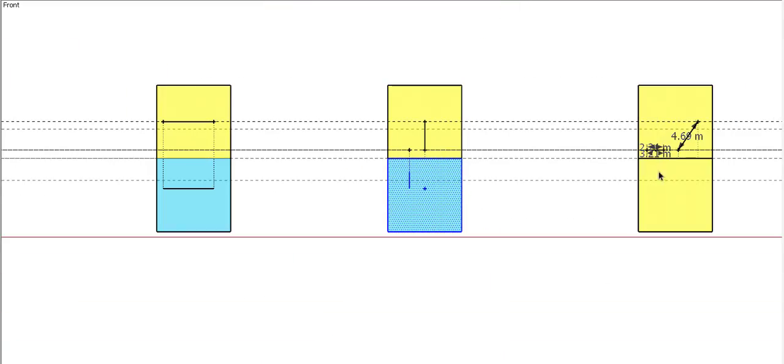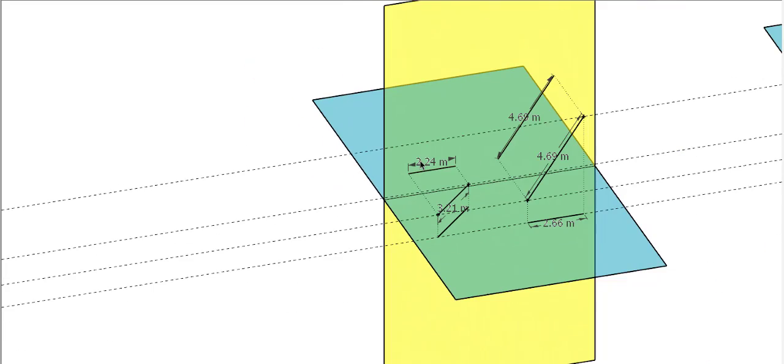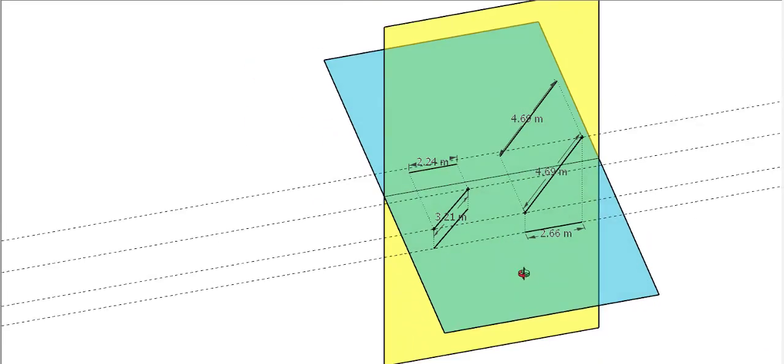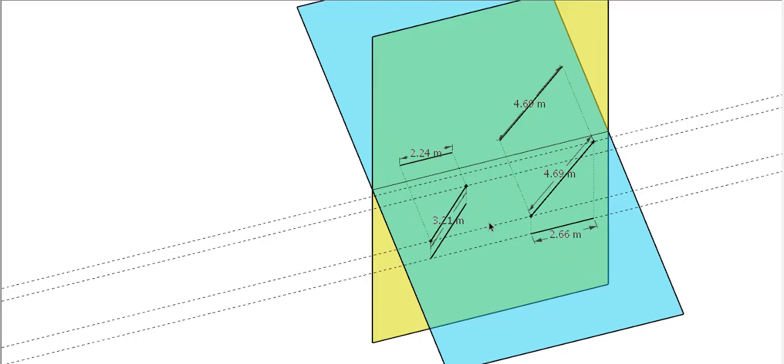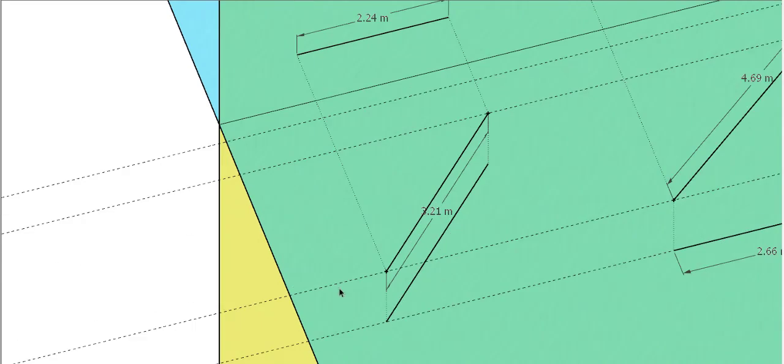Then in the last class, we also saw the next situation of lines, that is, a line which is parallel to one plane whereas it is inclined to the other plane. It is not perpendicular, but it is inclined. Here also you have two situations. Let's take this particular line.